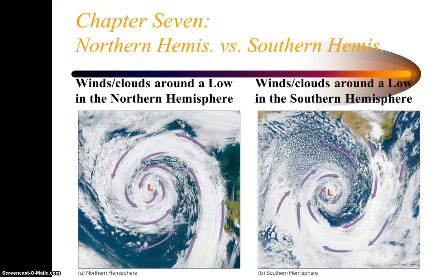Speaking of that topic, the picture on the left shows you how wind flow goes into and around a low pressure counterclockwise in the northern hemisphere, and how wind flow and clouds around a low in the southern hemisphere move clockwise. It's just the opposite.